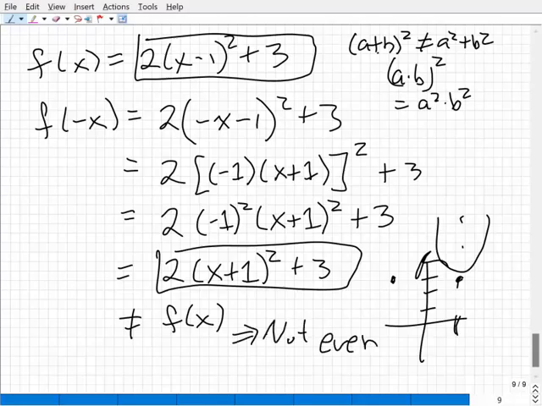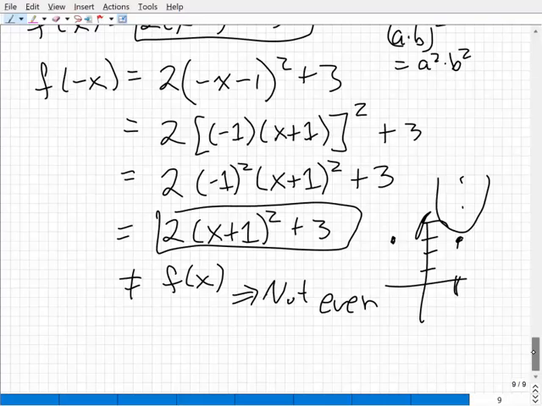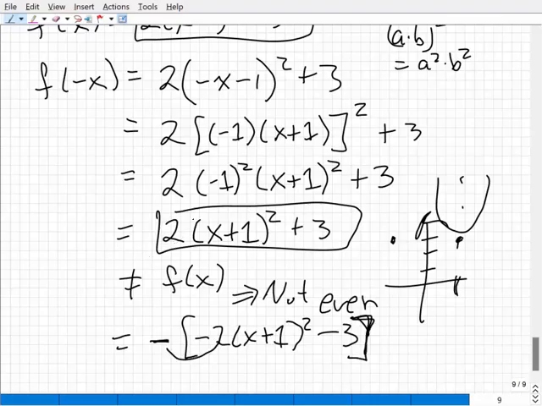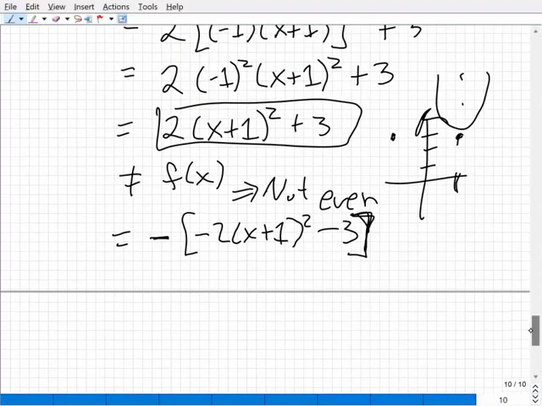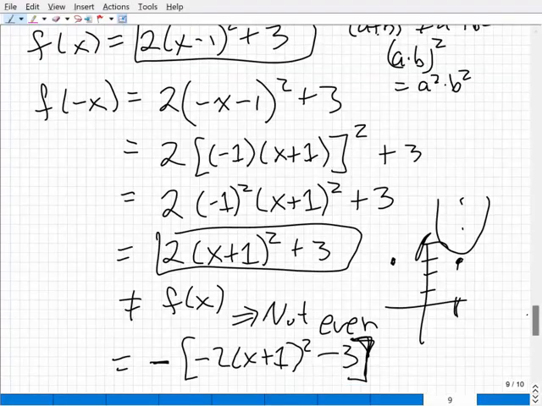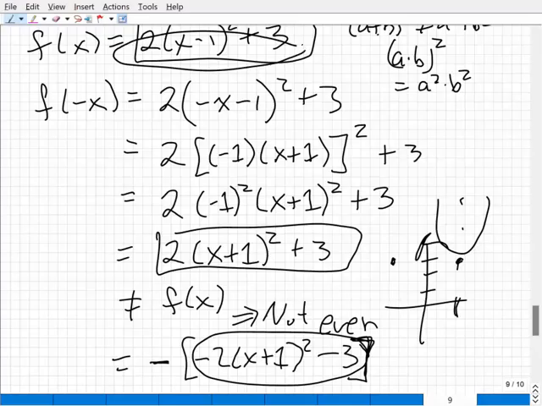All right? To show it's not odd, okay, well, let's see. Since we have this guy, factor out a minus sign. If I factored out a minus sign, I'd have to write it like this. There. Like that. Minus minus makes a plus. Minus minus makes a plus. All right, so here's our original function. This is not the original function.